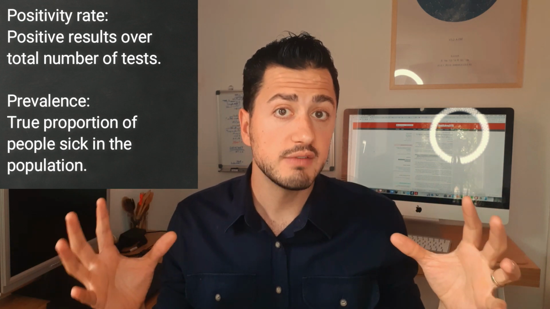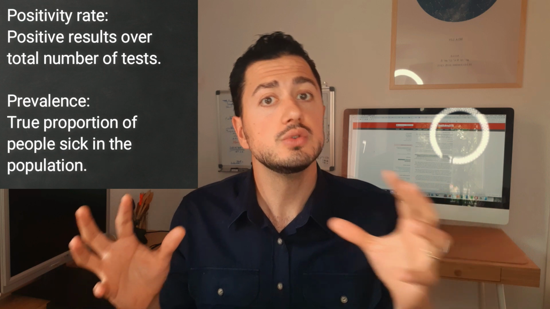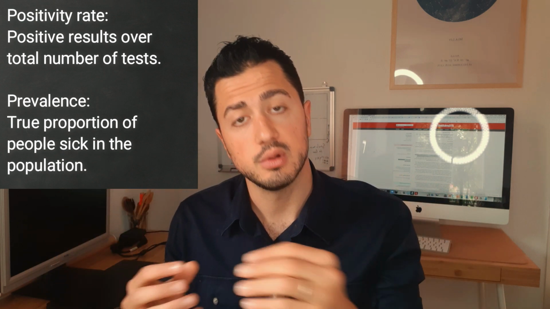Usually you don't have access to the whole population, so you take your sample, you compute the positivity rate, and you try to infer what the prevalence in the population is. And usually if the sample is really representative of the population, you will say in statistics that it's a random sample, everybody has the same probability of being tested, then you can properly infer the positivity rate in the population if you have a sample large enough.